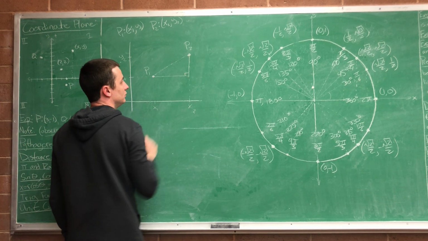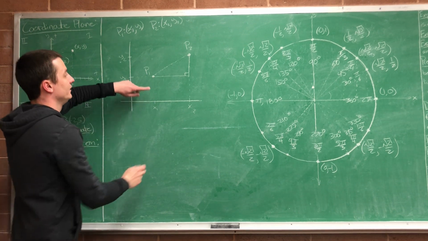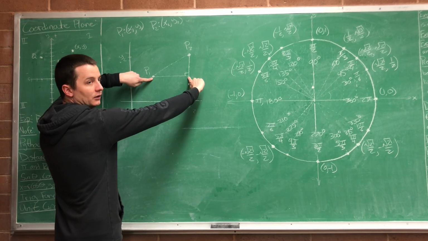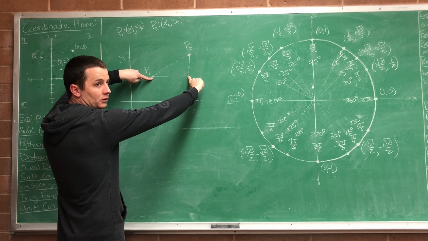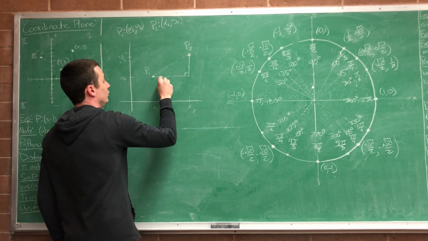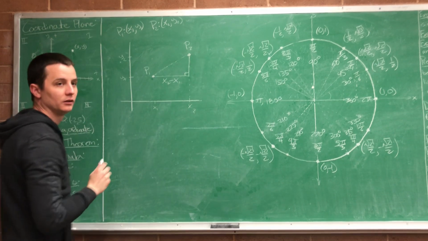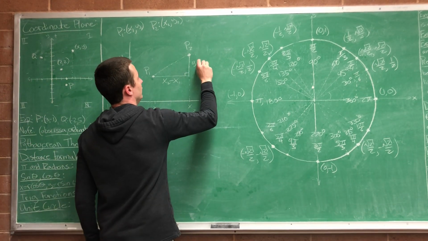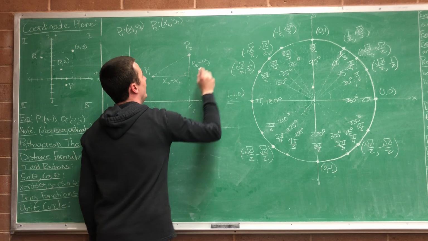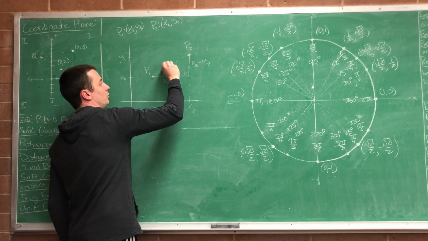That's a right angle. What is this side length? How long is this side? X2 minus x1. Perfect. How long is this side? Y2 minus y1. And now we're looking for this distance, which we'll call little d.